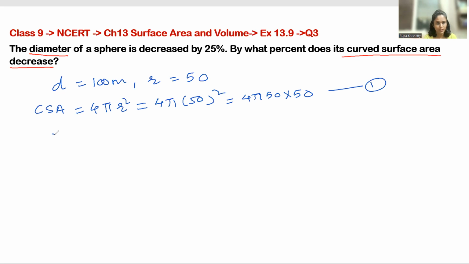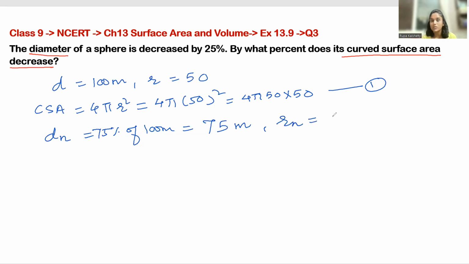So your new diameter, dn for new, is 75% of 100 meter, which is nothing but 75 meter. And your new radius is going to be half of 75, which is 37.5 meter.